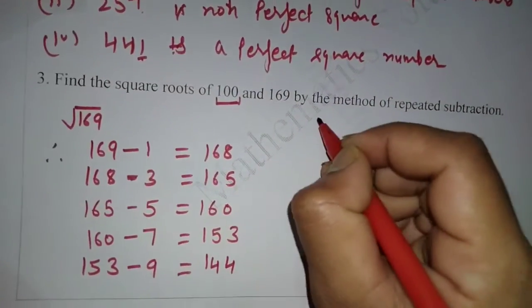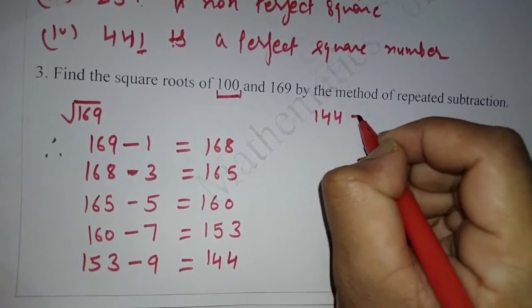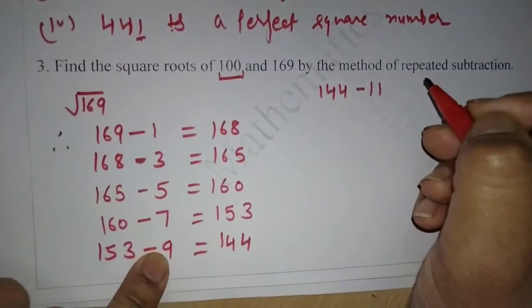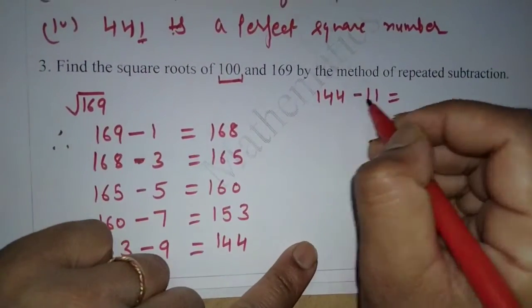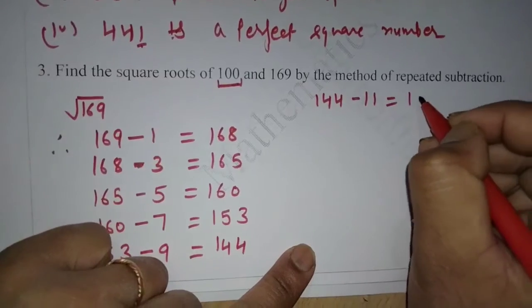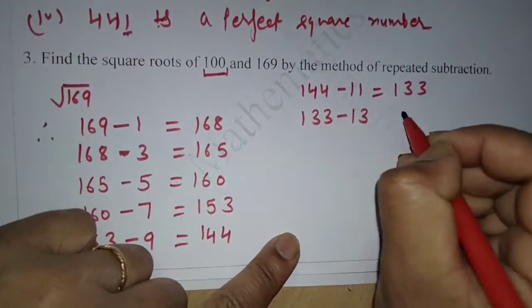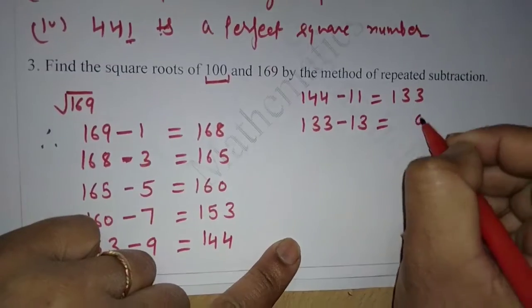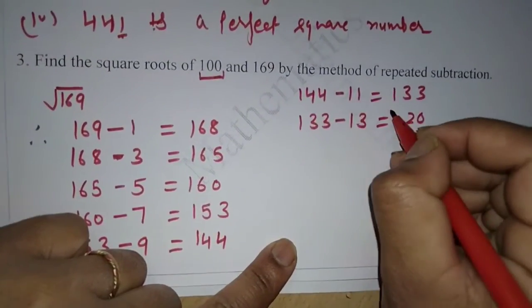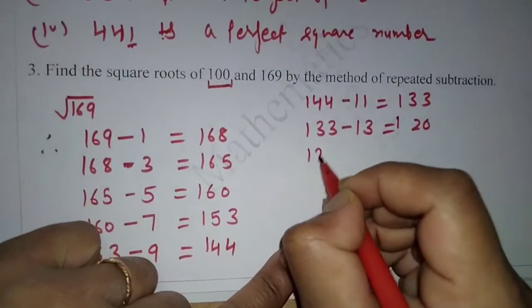Next step is 144 minus the next odd number 11, so it's 133. 133 minus 13, 120.